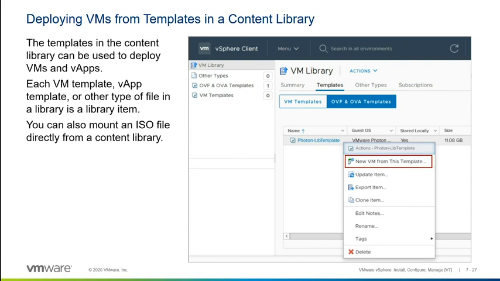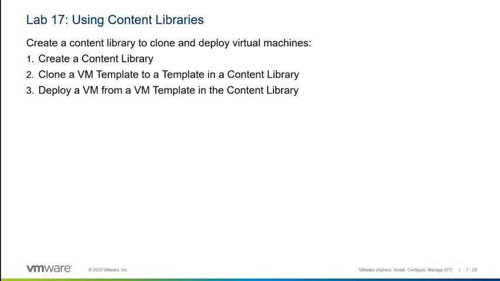We can also update the template here, which will deploy a new template that allows us to update it and then commit those updates back to the content library if we want. We can export an item, we can clone an item within a content library, and so on. Lots of really great features here in the content libraries in vSphere 7.